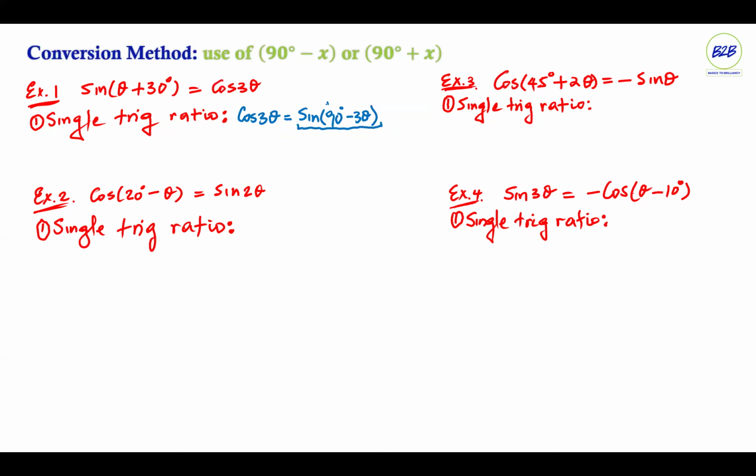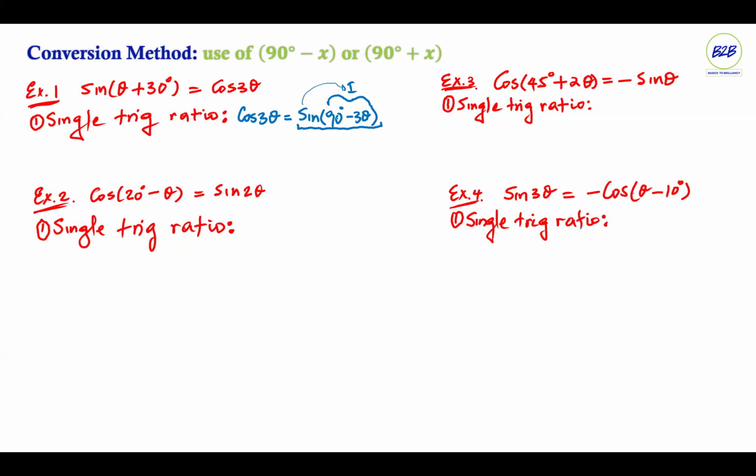What would this become? We would say 90 degrees minus theta is the first quadrant, and sine in the first quadrant is positive. So we would then have positive. And we have sine and 90 degrees. What does that mean? We must then convert this sine into cos. So that is what I mean when I say cos 3 theta. Before it was cos 3 theta, it was what?